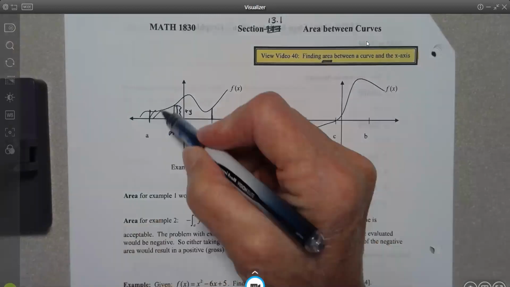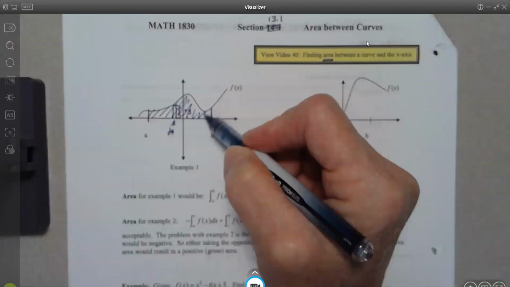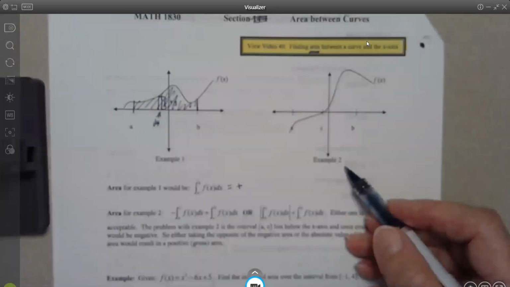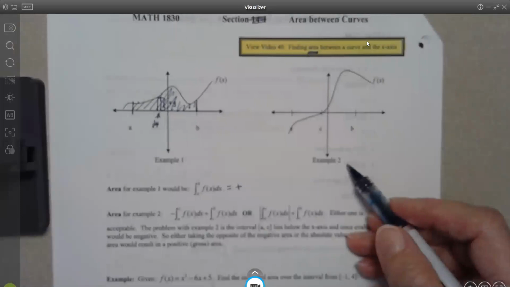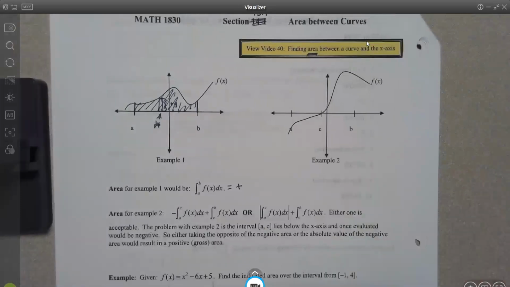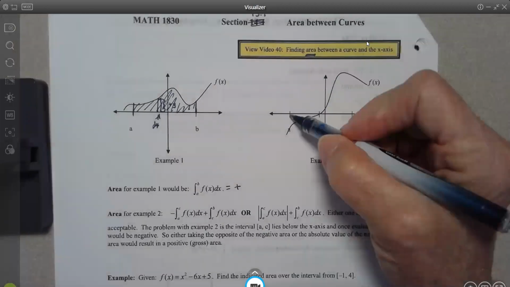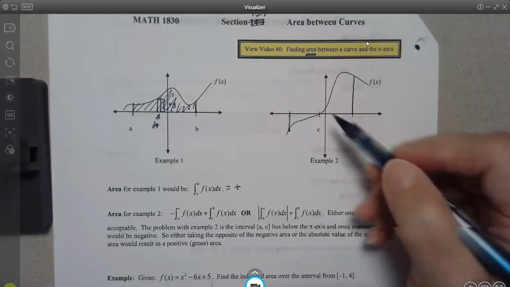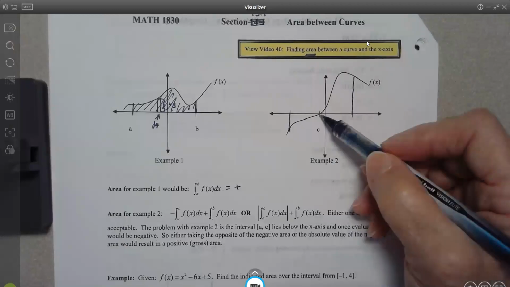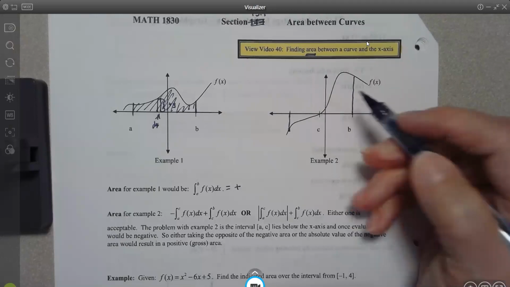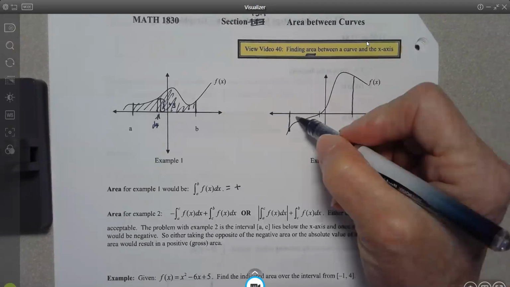Now, where we run into issues is something like here in example 2. Let me refocus here. That's better. If I go from A to B, notice right here, I have got a 0. This is where my curve crosses the x-axis. What you saw in 12.4 is anything below was negative, anything above was positive.